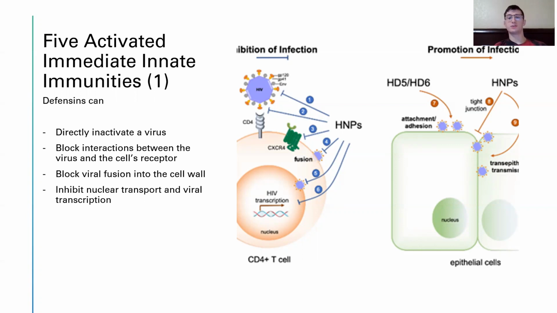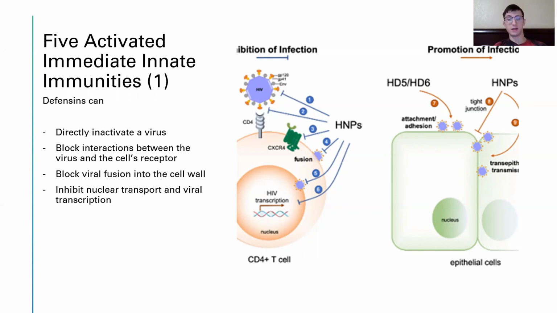Here, I'm going to talk to you about just a few mechanisms alpha defensins use to interfere with viral infections, such as Ebolavirus disease. We can see in this diagram, there are many routes a defensin can take during a viral infection, such as the Ebolavirus.